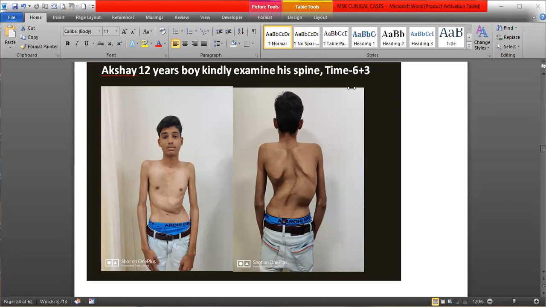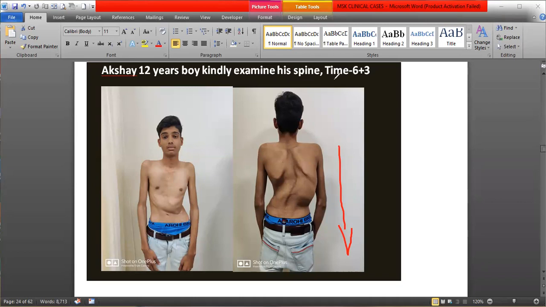And is he able to do lateral bending on both sides? The movement is restricted on the right side. Left side is bent laterally, but on the right side there is restriction.